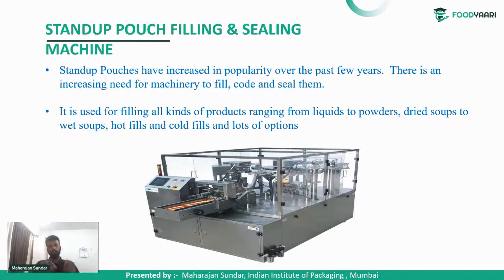The printed material will come, the bottom will be made, and then the top temporary sealing layer will also be made. Then a permanent seal will be made. It can be a rotary stand-up pouch filling and sealing machine or a horizontal stand-up pouch filling and sealing machine.